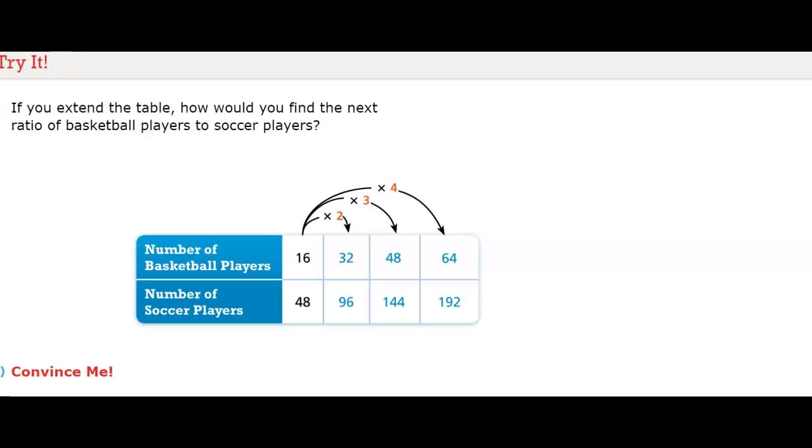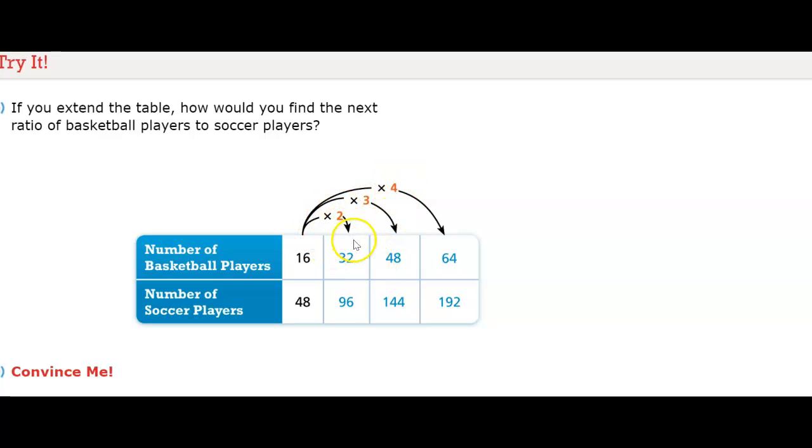If you extend the table, how would you find the next ratio of basketball players to soccer players? As you can see, each time they're progressing through the ratios, they're multiplying by the next number in order.